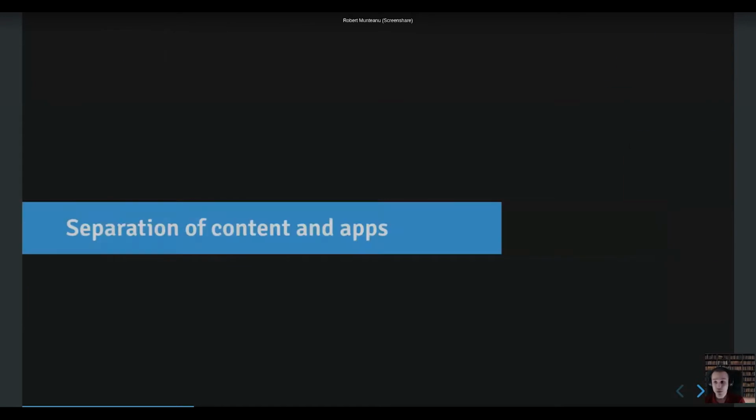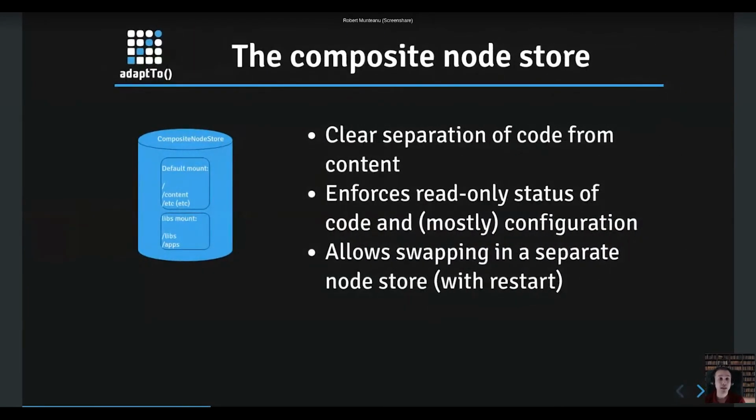I will not go too heavily into this because we've talked about it a lot, but it's basically achieved through the Composite node store. The Composite node store allows you to expose multiple individual node stores as a single one. The typical setup, and what you will see in AEM as a Cloud Service, is that there is a mount that holds all the code and configuration, and that is read-only, and one that holds the rest, which we can call content.